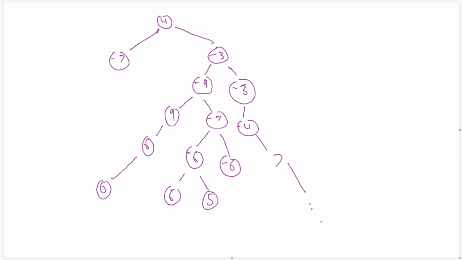Let's see. I'm going to have this base case right here. If root is equal to null, then we're simply going to return 0. And we can do math.max. Can math.max take multiple values?